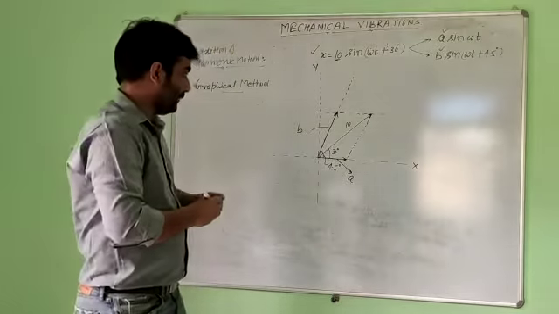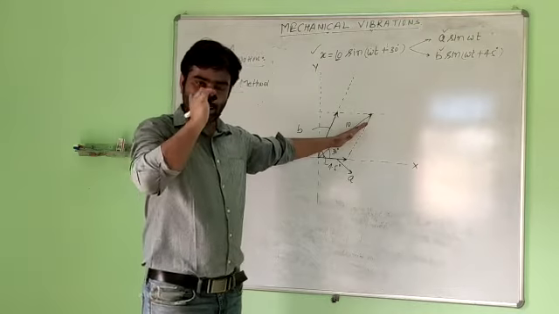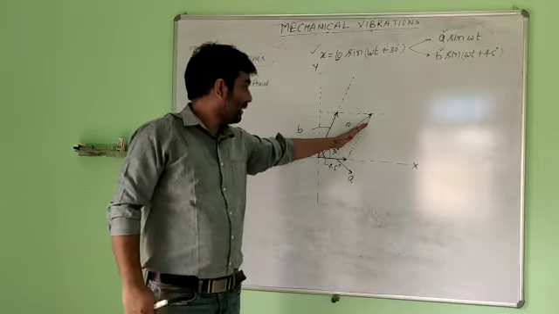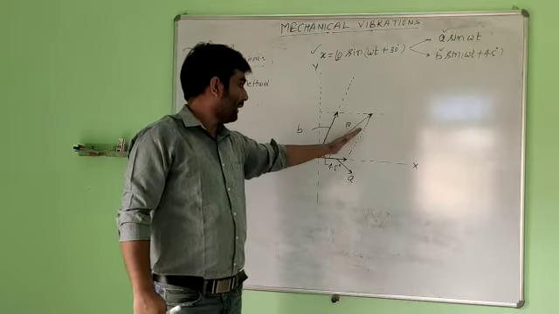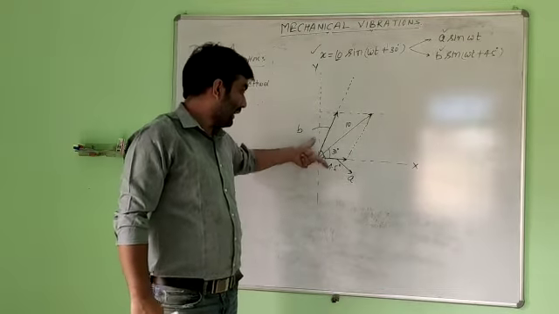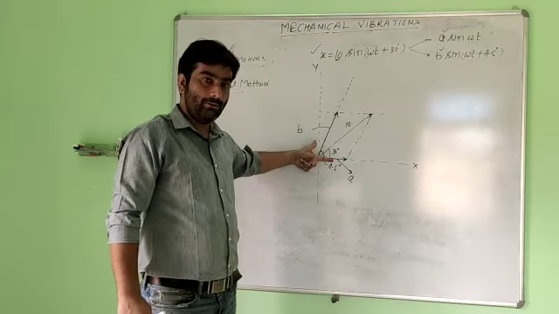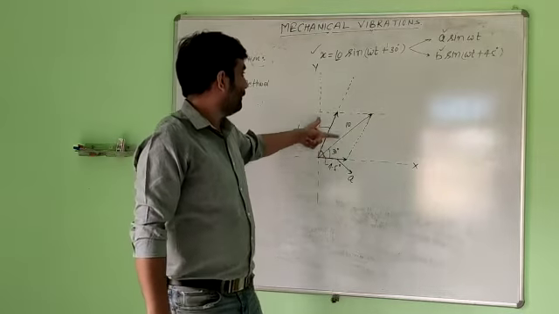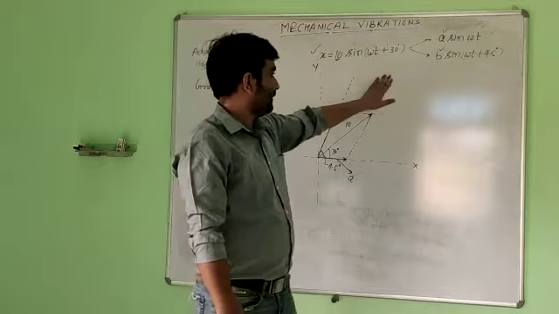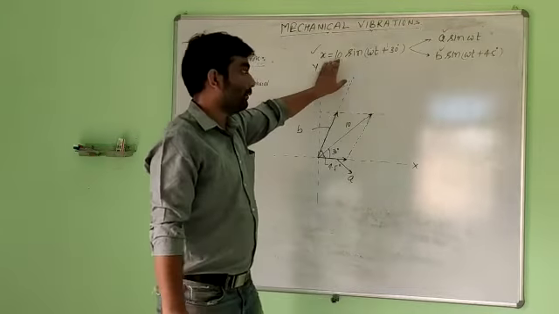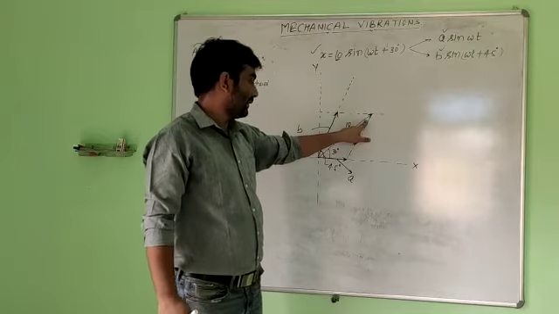The concept we used: first we have the resultant, and with the help of the resultant and the given conditions we draw the parallelogram. The adjacent sides of the parallelogram give the harmonic motions. We can also reverse the question: add these two harmonic motions, and the diagonal gives the resultant.